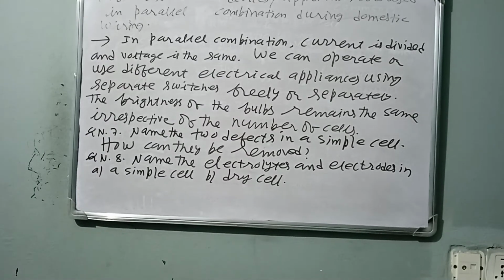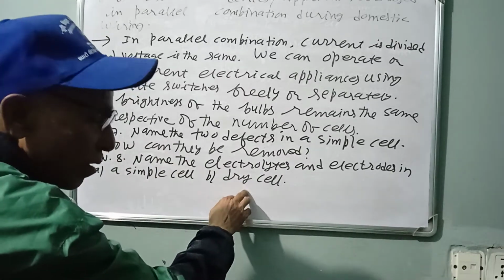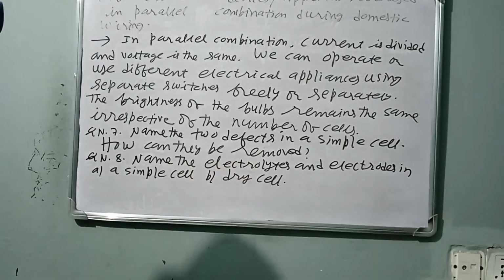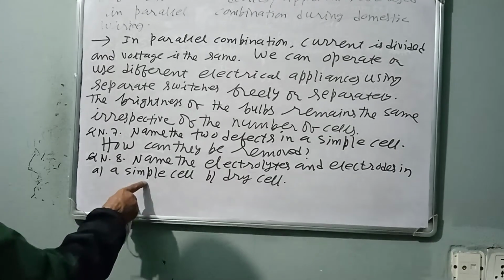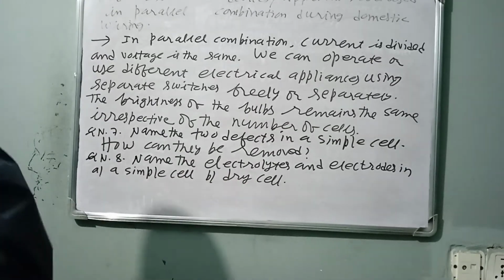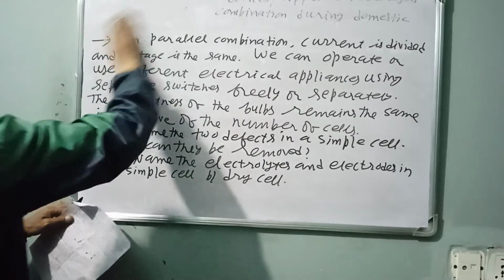Yeah, and in a dry cell manganese dioxide or potassium dichromate is used as a depolarizer. There is no depolarizer in simple cell. There is depolarizer in a dry cell. So it is much easier. Question number 8 finished. Question number 9 now.